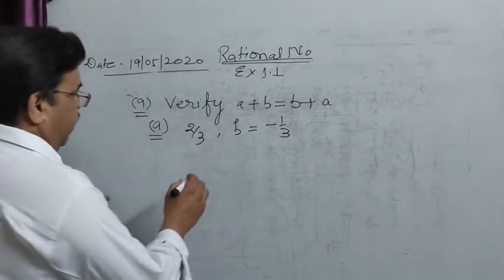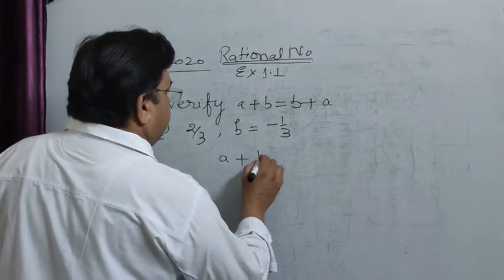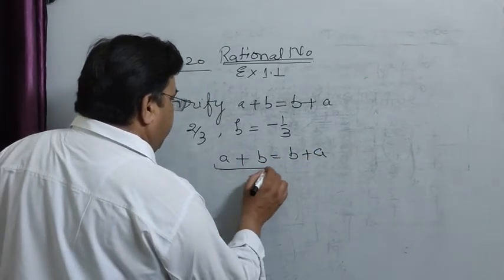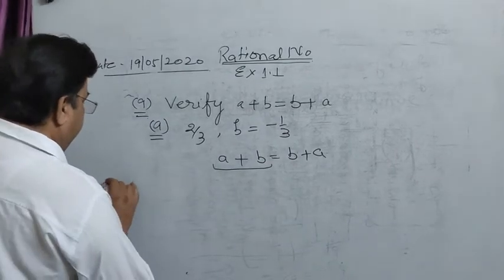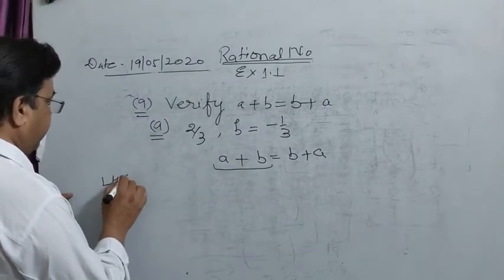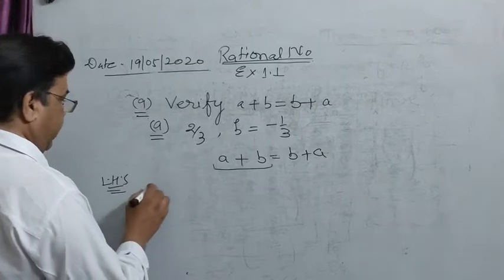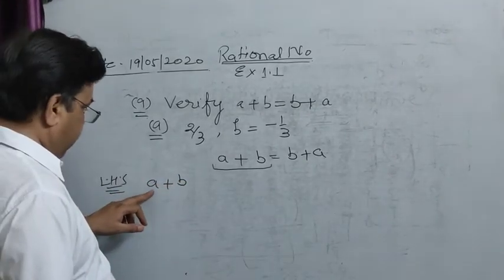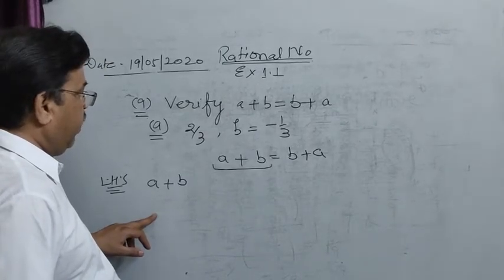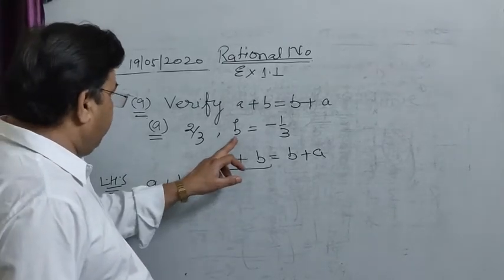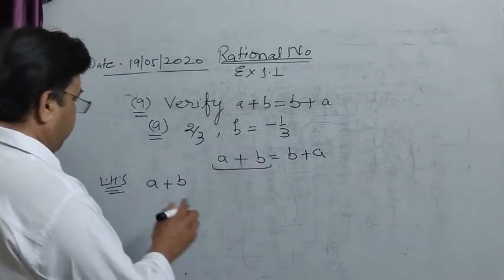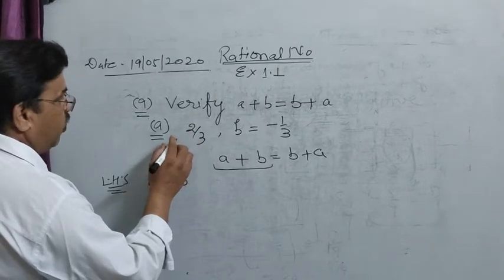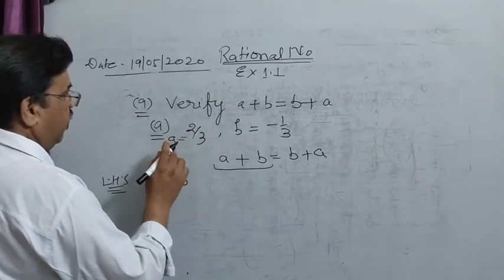First of all, take the equation. Now you have to solve from the left side. LHS, take the LHS side like this, A plus B, and now put the value of A in place of A, and put the value of B. What is the value of B? Minus 1/3. And put the value of A, 2 by 3.